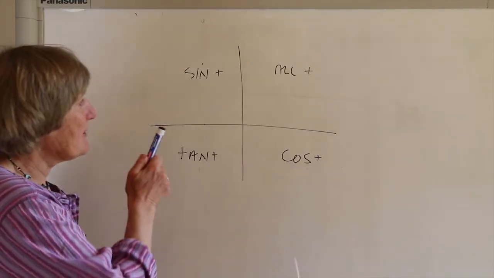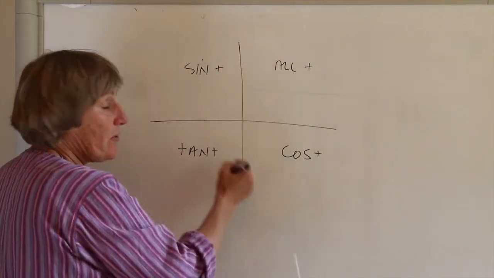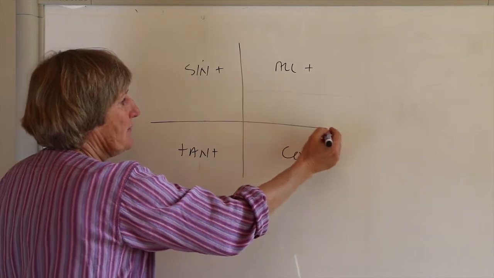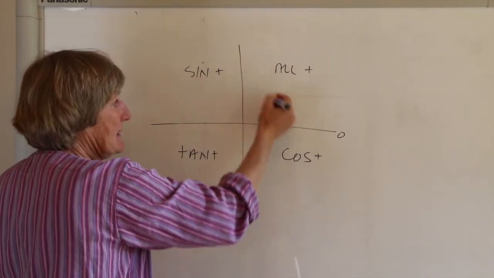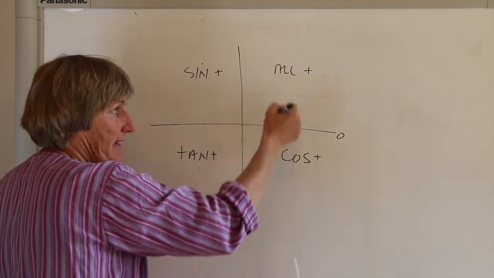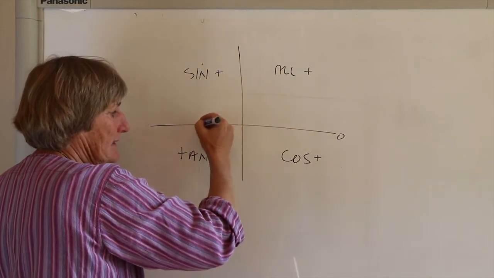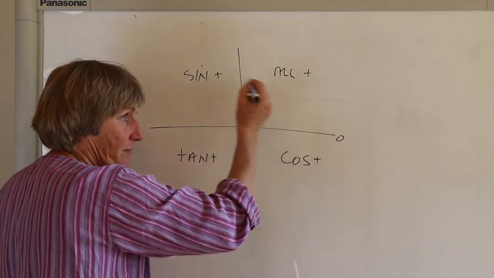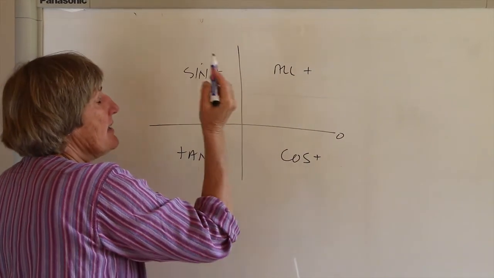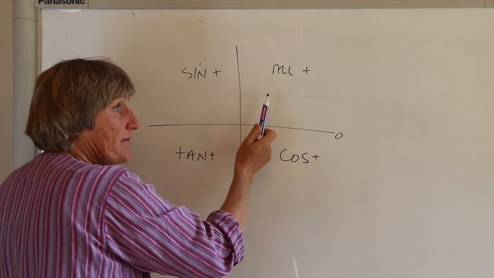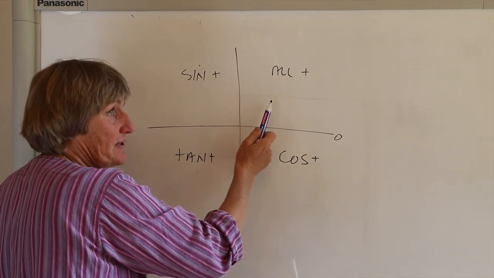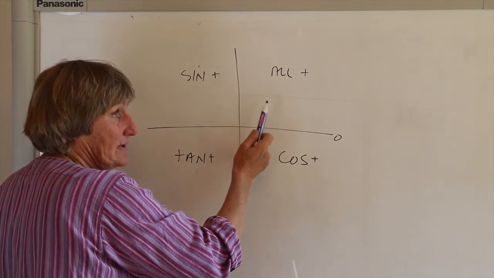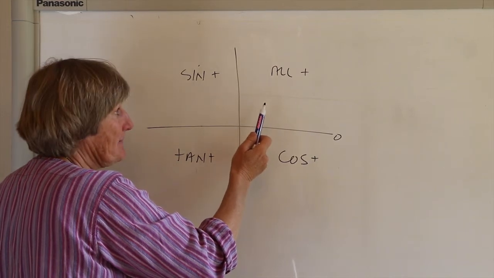So if we look at the graphs and draw the 4 quadrants, this is from 0 to 90. I said this is a positive angle, to 180, to 270, to 360. You go anti-clockwise for positive angles. So you will notice that all the ratios are positive in the first quadrant when the angle is acute, in other words, less than 90.